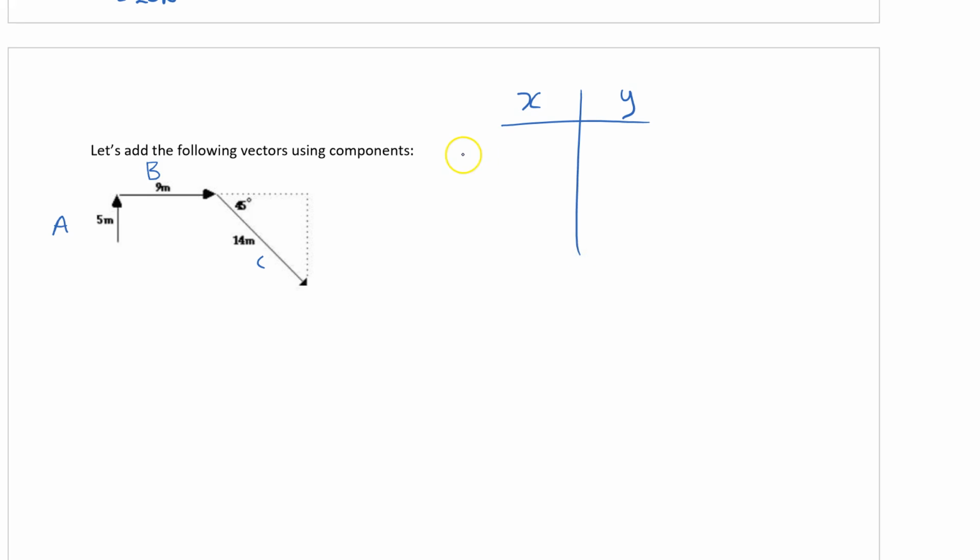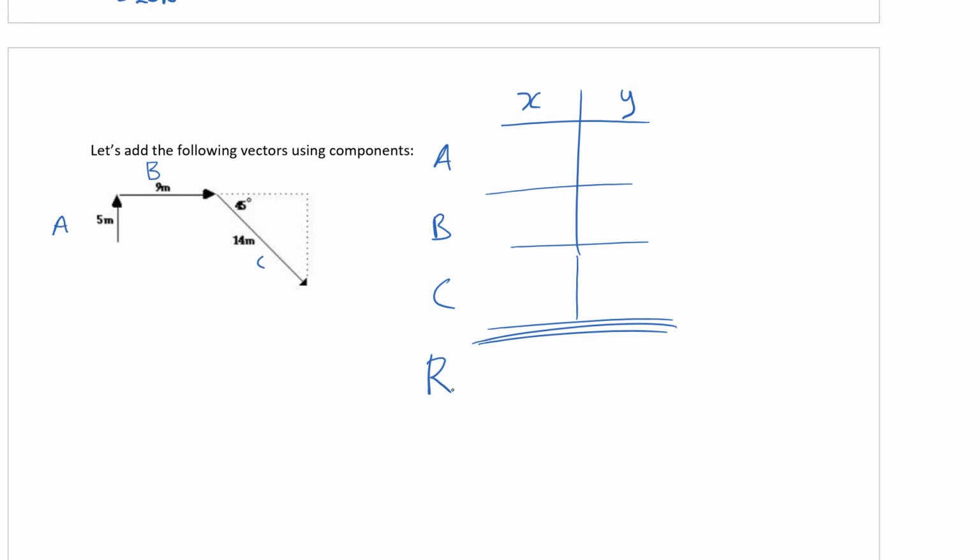I'll put the answer for the x direction of vector A here, and the answer for the y direction for vector A there, and here for B, here for C, and then I'll add these up, and I'm going to call the answer the resultant. Okay, let's see how this works out.